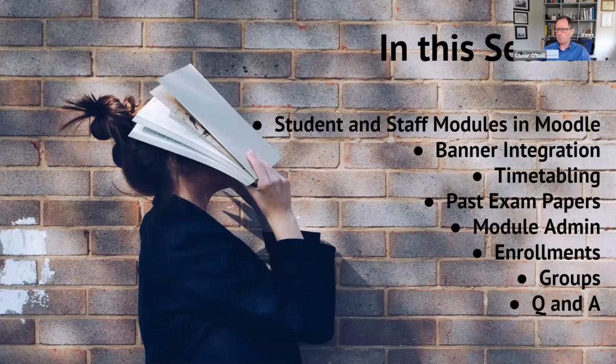We're going to look at the Banner integration and how timetable is involved in staff allocations for our staff enrollments into Moodle modules. Then past exam papers, different types of module administration, enrollments, groups, and we might do a little bit of Q&A at the end. We'll stop the recording for that part. If there are any ideas we don't cover in this session, or you have a question about something, that'll be the time to do it. So we're going to try and hit on most of those topics today.